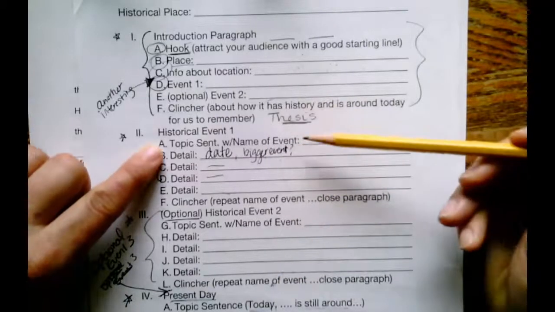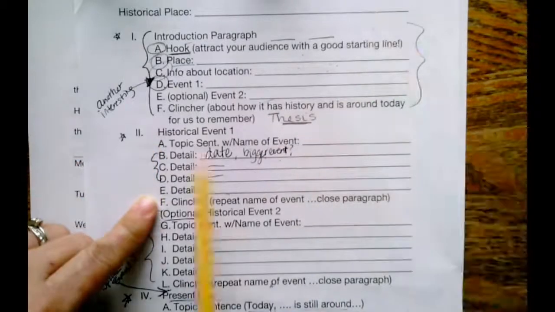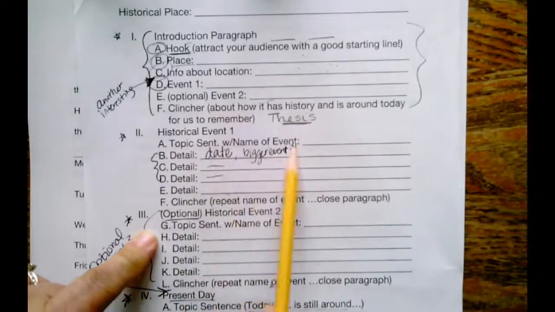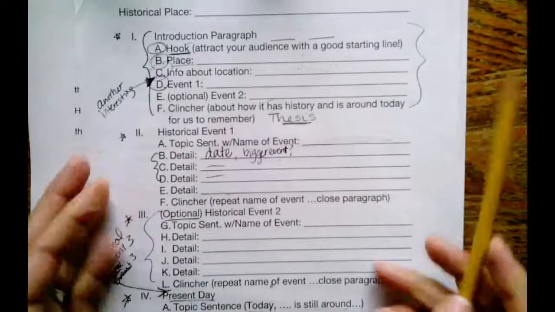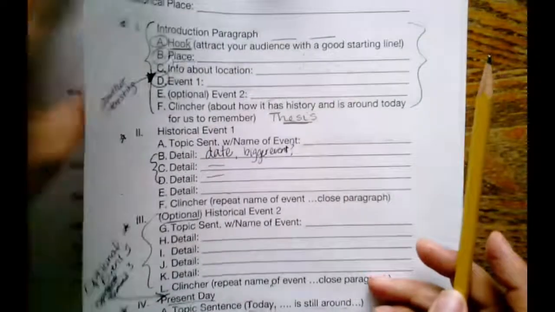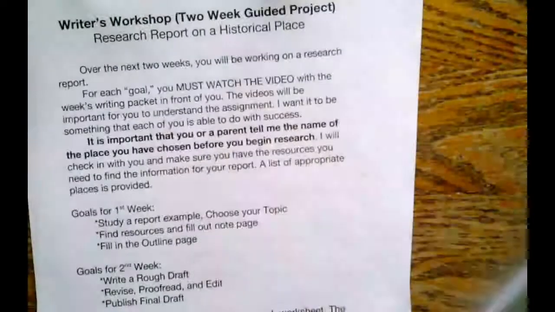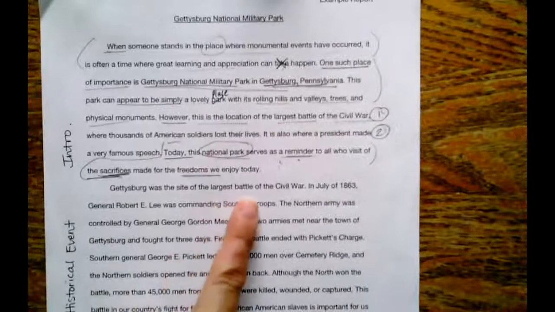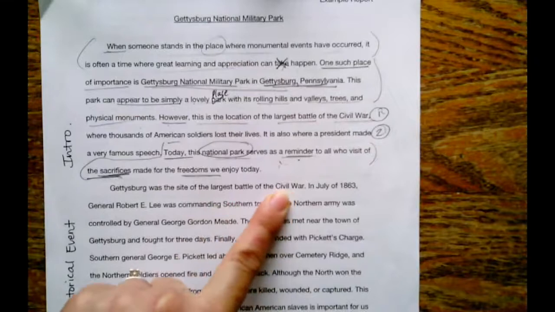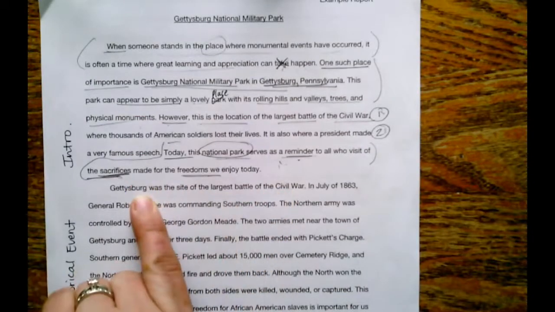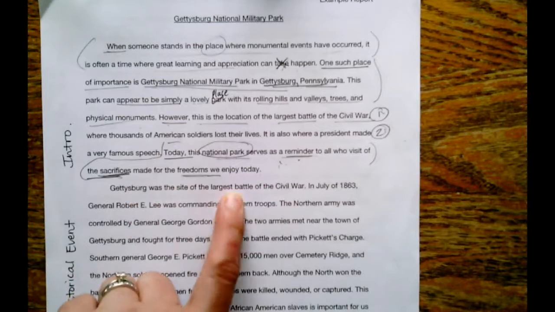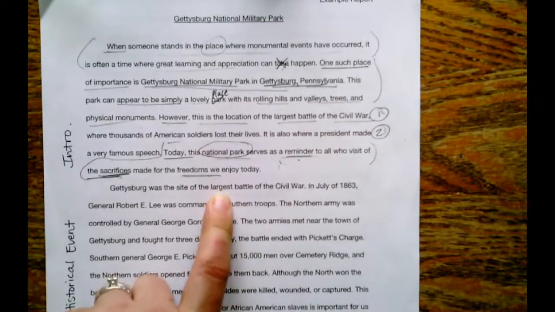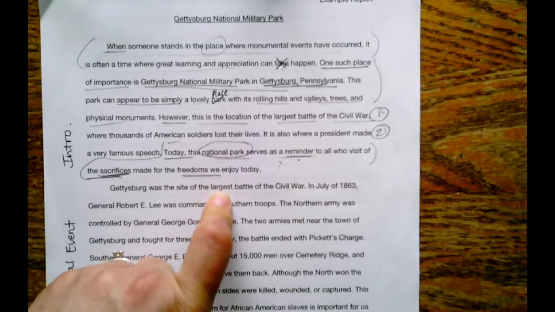I even tell you the sentences you need to have. So you need to have a topic sentence and the name of the event in there. And you can use mine as an example. Gettysburg was the site of the largest battle of the Civil War. It's a pretty basic topic sentence. It tells where it is and what event happened there, and even a detail about the event, that it was the largest battle.